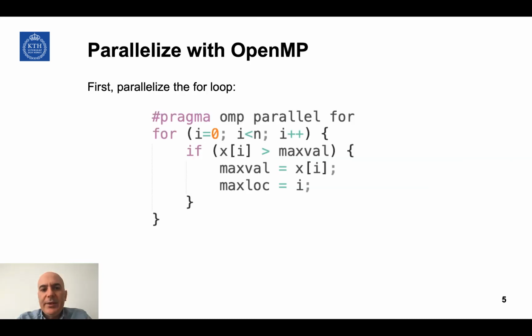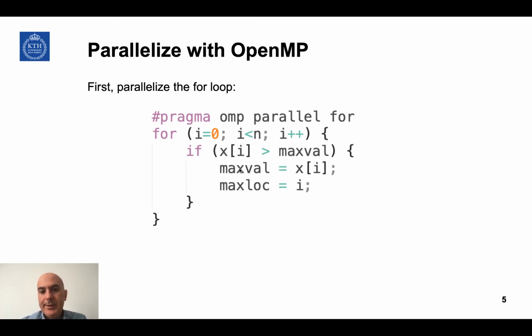So let's try to do this. If I ask myself how to parallelize this, we saw in the previous lecture that we can use the OpenMP parallel for, which forks all the threads, and each thread is assigned a block of the array. What's the problem with this?